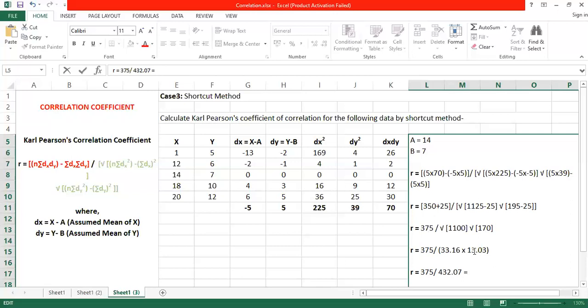So if we divide, we'll get 375 divided by 432.07. It is 0.86, 0.867. On rounding off, it will be 0.87. Right?